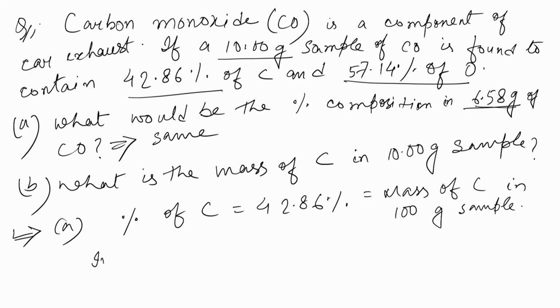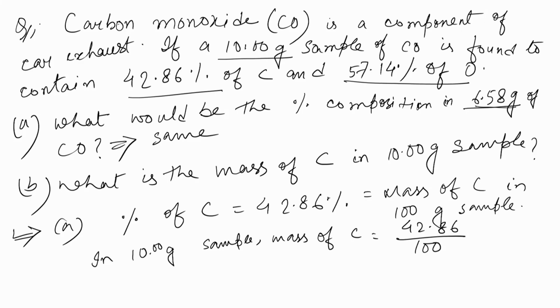So, in a 10 gram sample, the mass of carbon will be equal to 42.86 divided by 100. Since this was in percentage, we have to divide it by 100, multiplied by 10 grams.